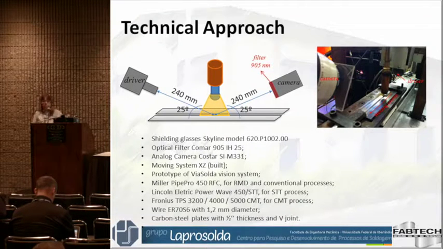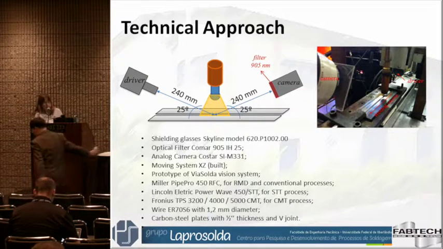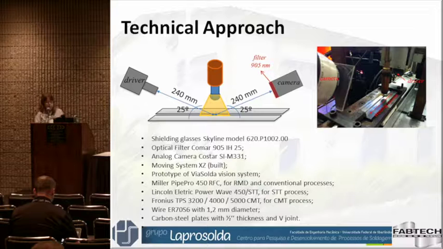This is a schematic of our experimental setup. We put the driver with the 19 laser diodes on one side, and the camera on the other side of the torch. We use similar distances and angles to get the directly reflected light. There is some of the equipment we use, and this is a photo of the real setup.